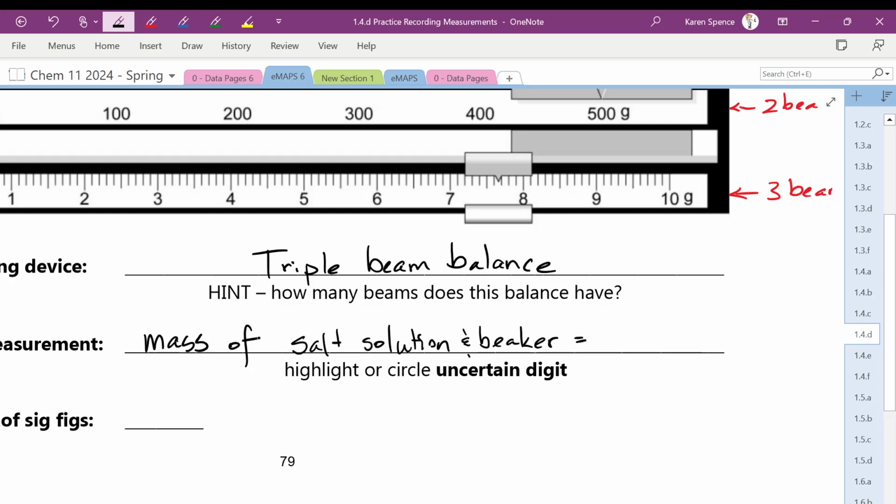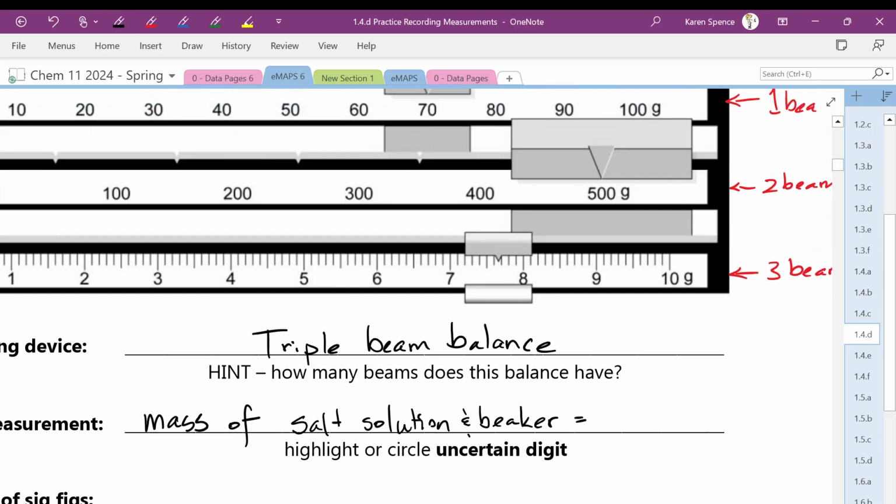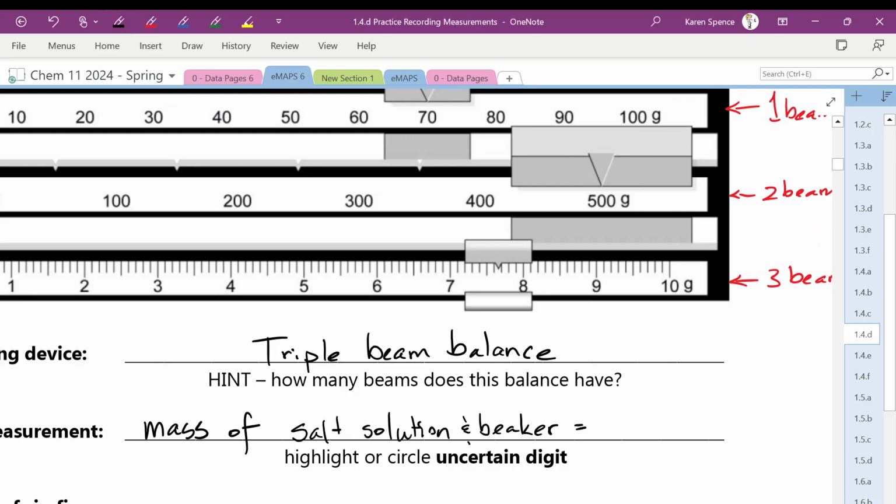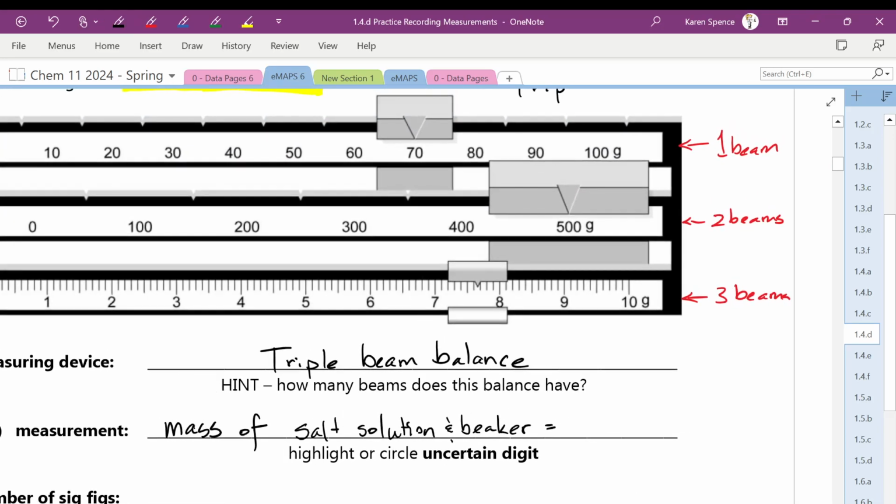And now, I don't know if you guys remember how to read these things, but basically what you do is you take whatever it says on each of the beams and you add them up, okay? So for this one, you're gonna have 3 things that you add up. When you use one of these, you will have 4 to add up. That'll be tomorrow. We'll actually use the real ones.